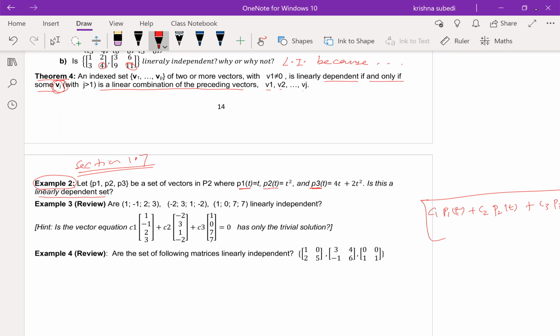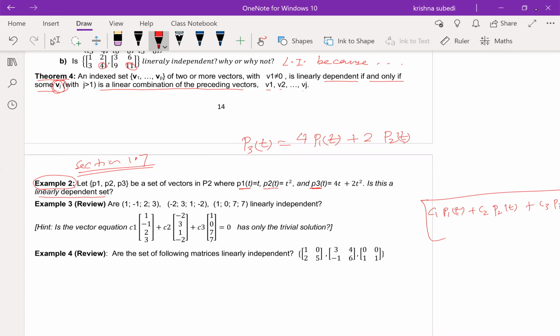Now my question is, can I write p3(t) as a linear combination of p1 and p2? p3(t) is essentially 4 p1(t) plus 2 p2(t).